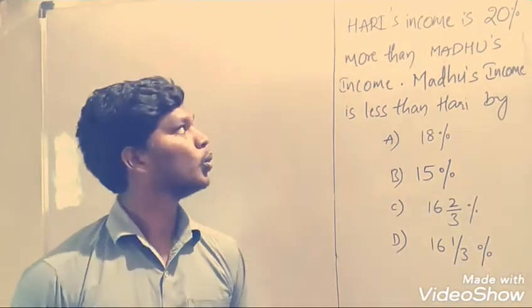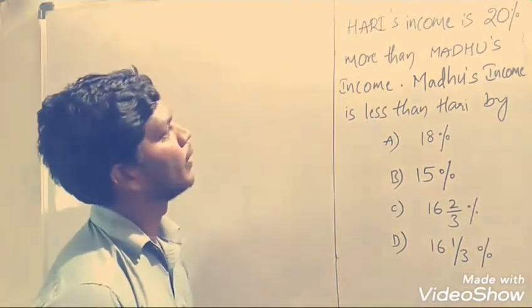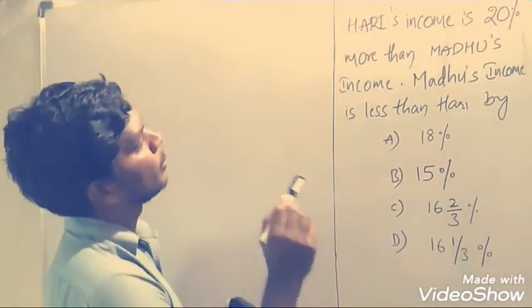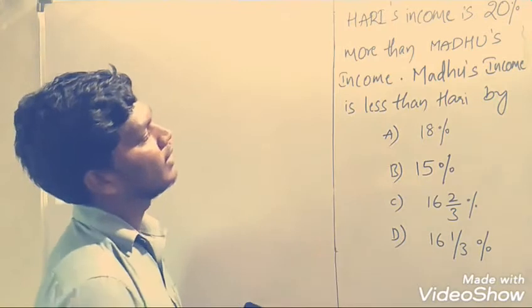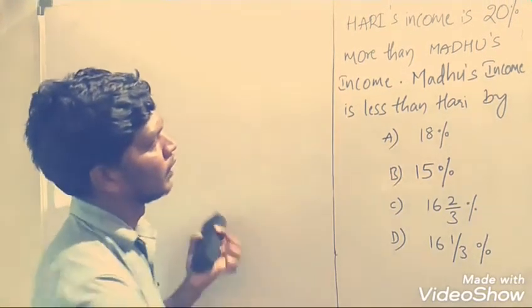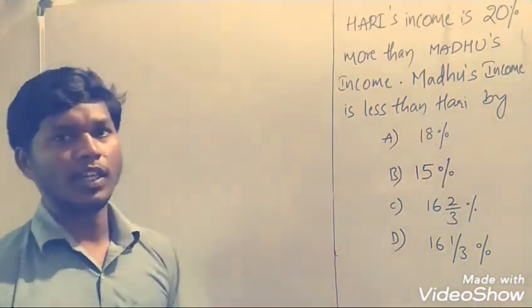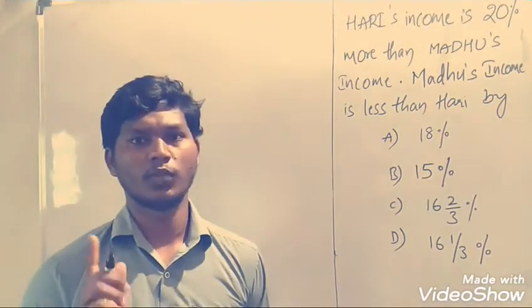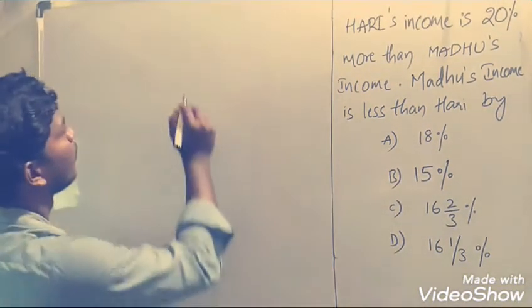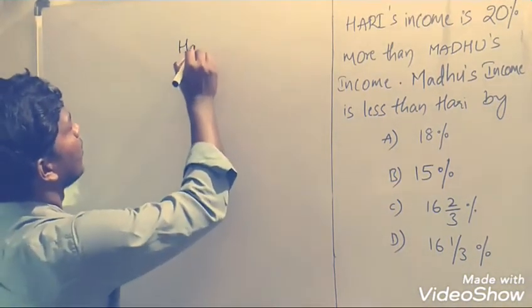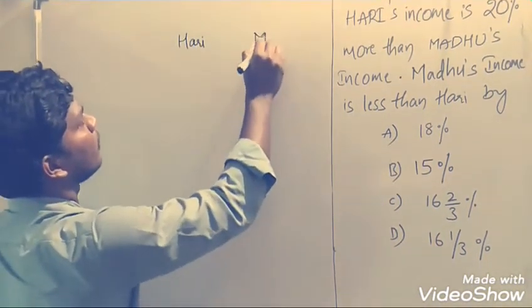Problem number 2. Hari's income is 20% more than Madhu's income. So Madhu's income is less than Hari's by what percent? See friends, here we have two persons: the first person is Hari and the second person is Madhu.